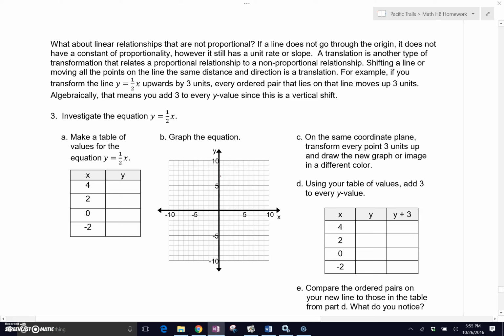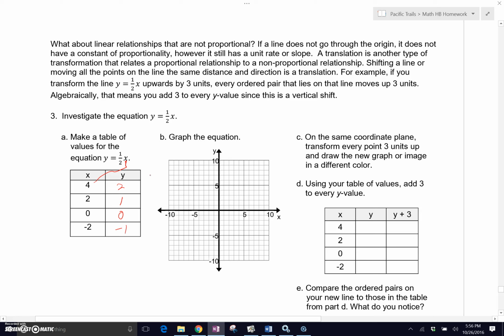So if I had the equation y equals 1/2 x, I'm going to plug in these x values for each and every one of these to get my y value. If I plug in 4, that would be y equals 1/2 of 4, which is 2. Then 1/2 of 2 is 1, 1/2 of 0 is still just 0, and 1/2 of -2 is just -1.